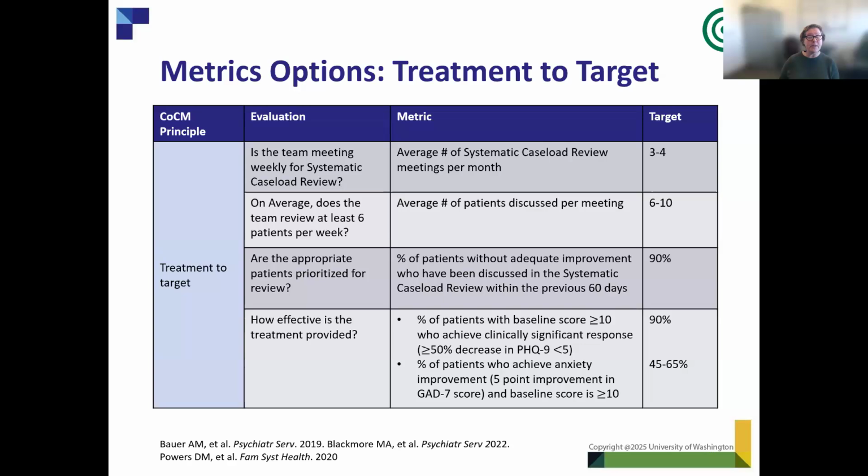Initially, there'll be plenty of time to talk about all the patients because the caseload will be low. It's important for them to get their rhythm down in those early days so that as the caseload grows, they can talk about 6 to 10 patients per hour.